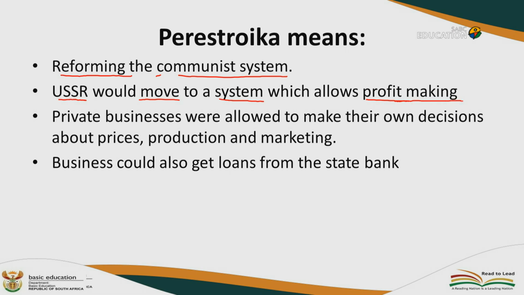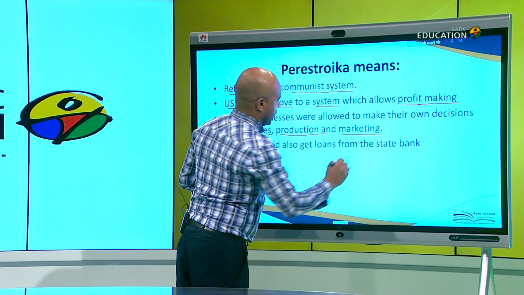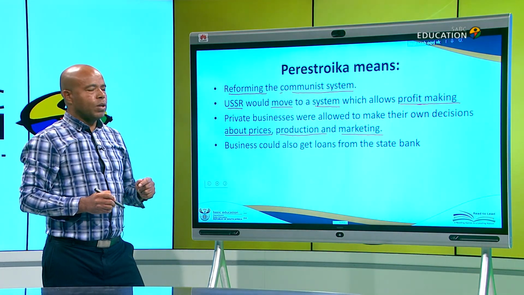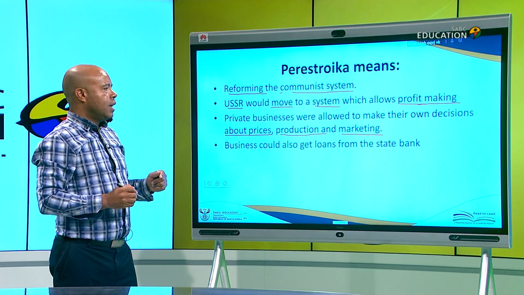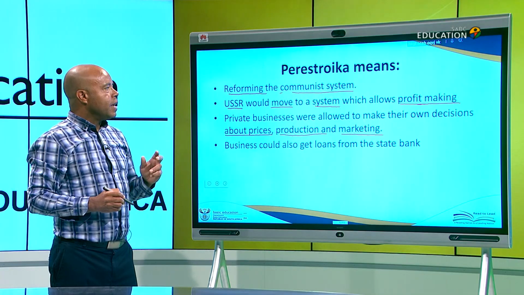Then the next point, private businesses were allowed to make their own decisions about prices, production and marketing. So when we look at the system that was about to be introduced with Perestroika, it reminds us of capitalism.